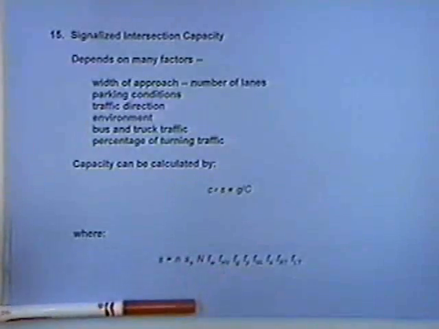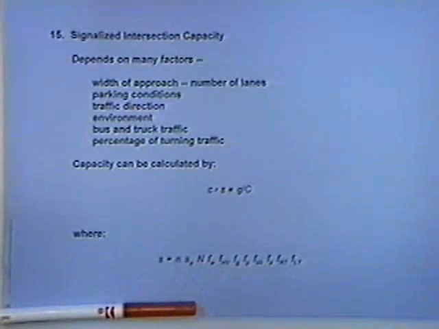F sub P is a factor for parking, because that affects capacity. F sub B is for bus blockage. F sub A is for area type, whether you're in a downtown area or out in the suburbs. And then F sub RT and F sub LT are your factors to adjust for right and left turns in your traffic stream.